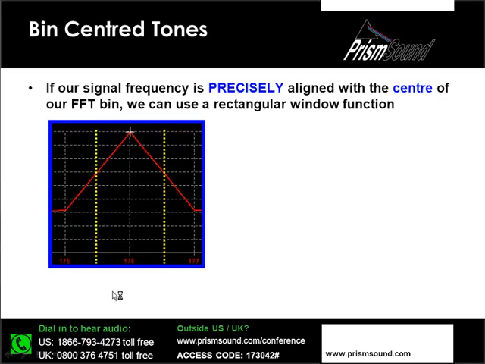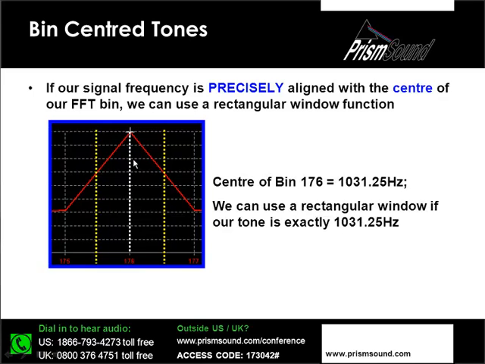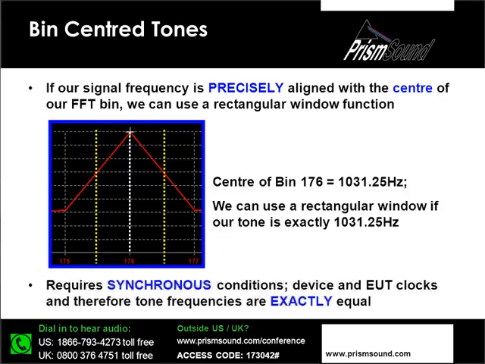So if we go back to our previous example showing the 176th bin, if we align our signal frequency, so we adjust our signal generator so that its frequency is precisely in the middle of this bin, which happens in this case to be 1031.25 Hertz, we can use a rectangular window function for this very specific tone frequency. It does require that the analysis is synchronous, so in other words, our clocks, if it's a digital system, have to be running at the same rate and synchronized together.